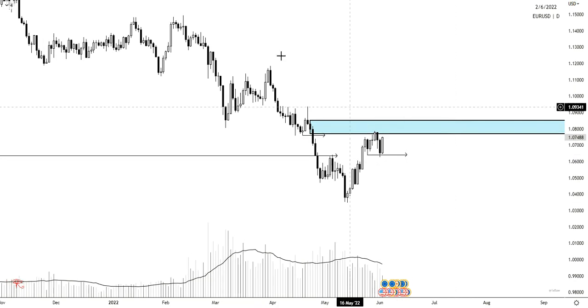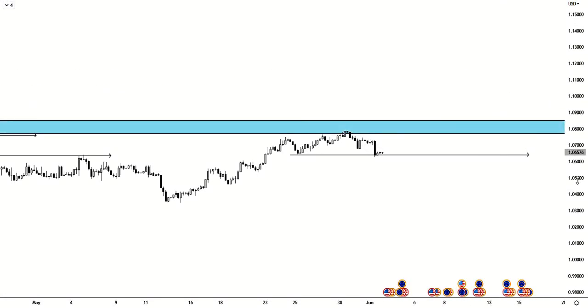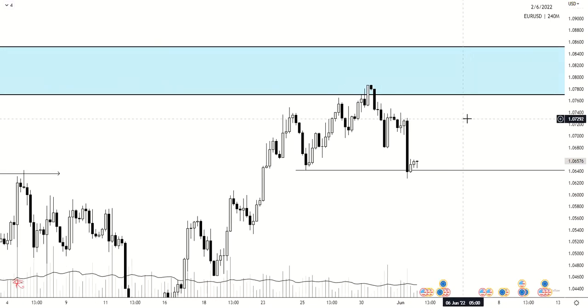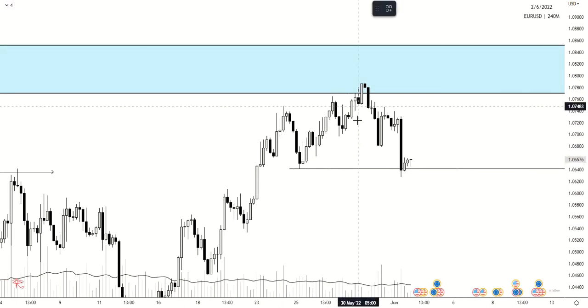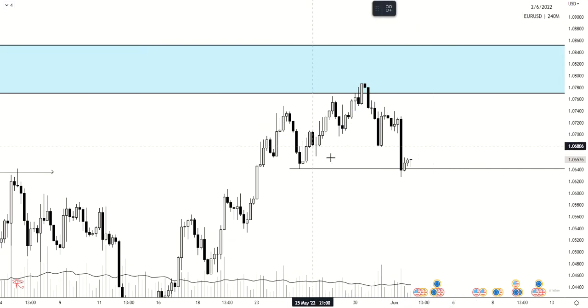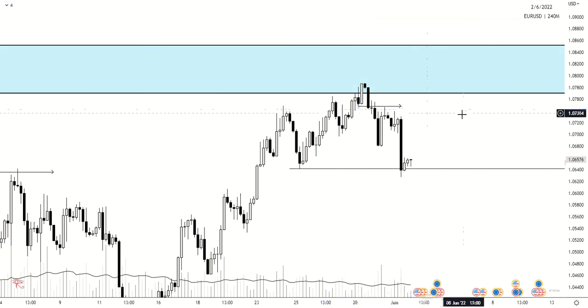So I'm looking for possible zones of supply up in this area, right, to now indicate that this 4-hour break of structure to the downside from this major impulsive move is my supply zone that I can look to take trades off of.